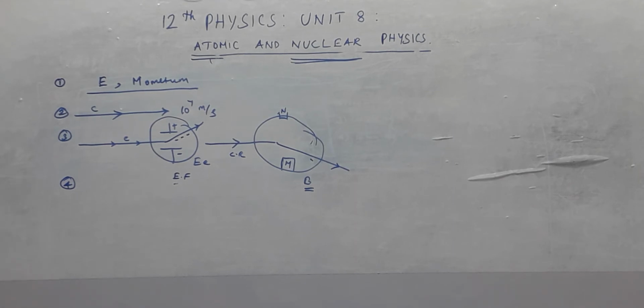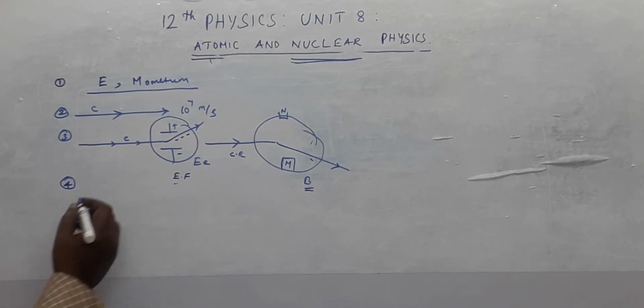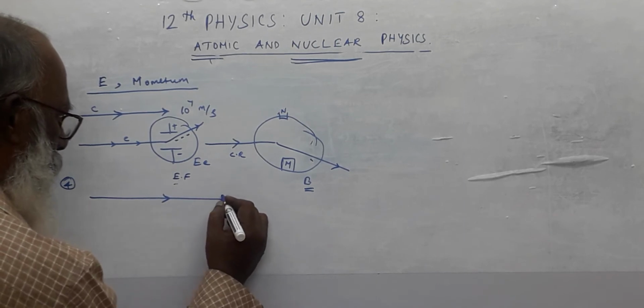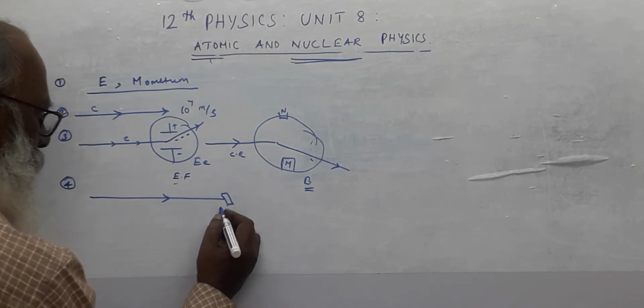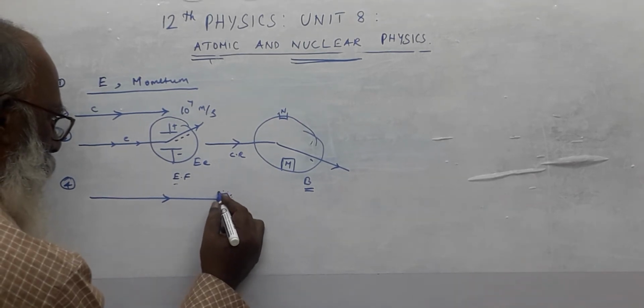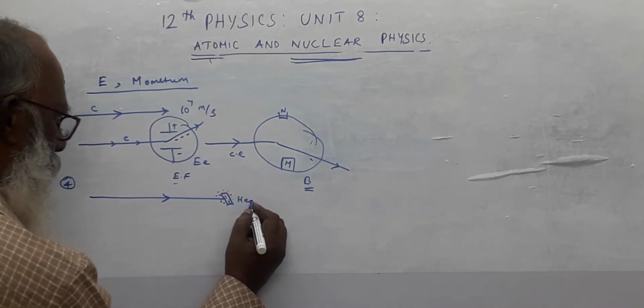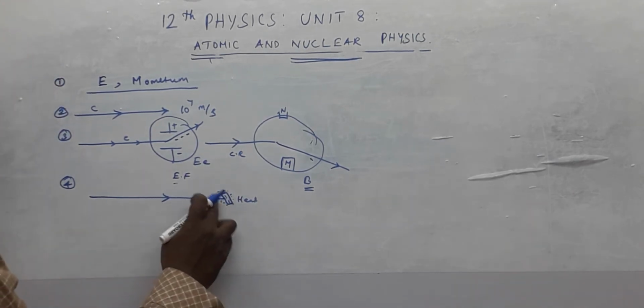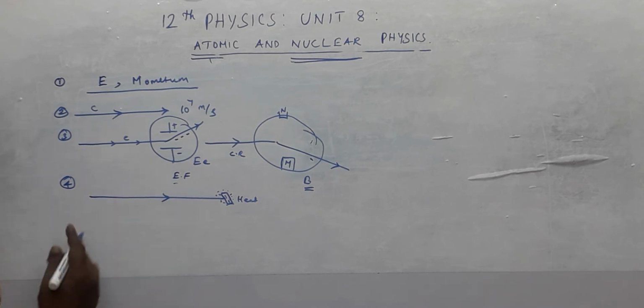Then the fourth one: when we allow the cathode ray to fall on any matter, then heat energy is evolved by means of this cathode ray.